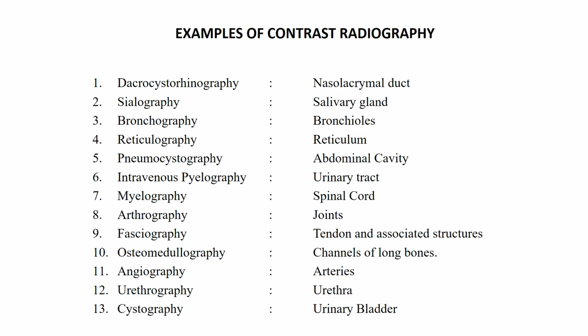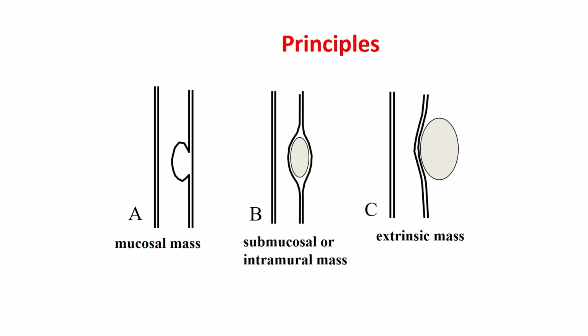The different areas, apart from sialography, include dacryocystorhinography for the nasolacrimal duct, bronchography for bronchioles, reticulography for reticulum, and pneumocystography for the abdominal cavity, intravenous pyelography for the urinary tract, myelography for the spinal cord, and fasciography for tendon and associated structures, osteomedullography for long bones, urethrography for the urethra, cystography for the urinary bladder, and angiography for arteries.